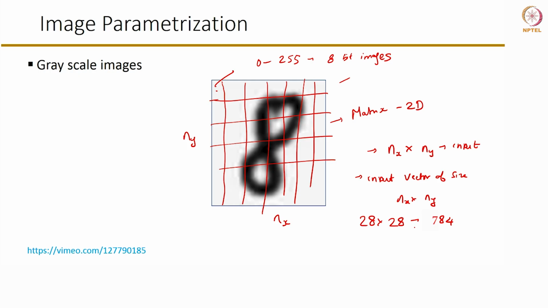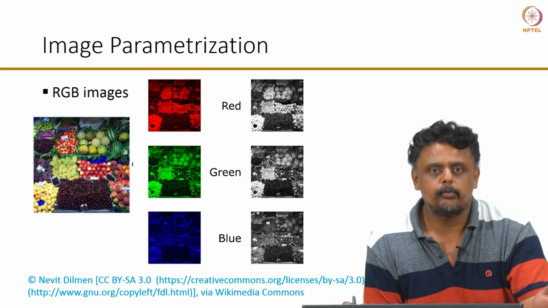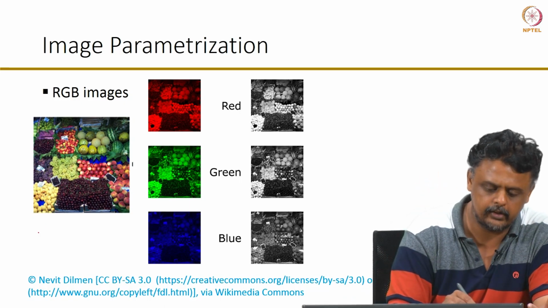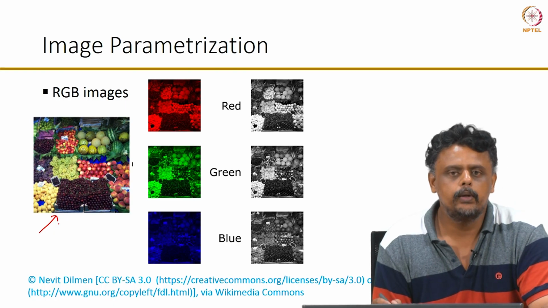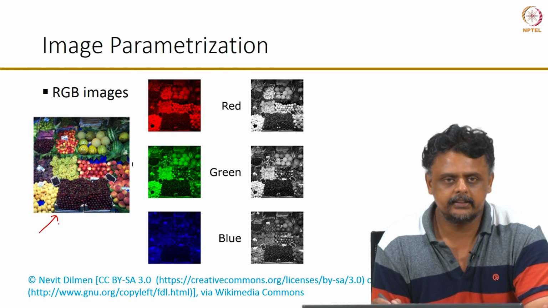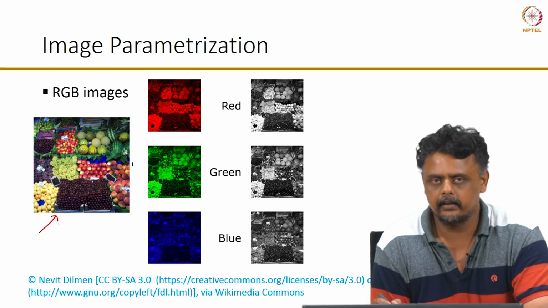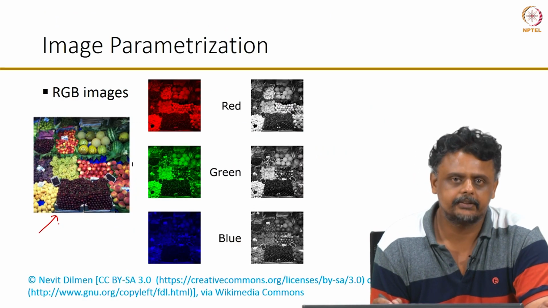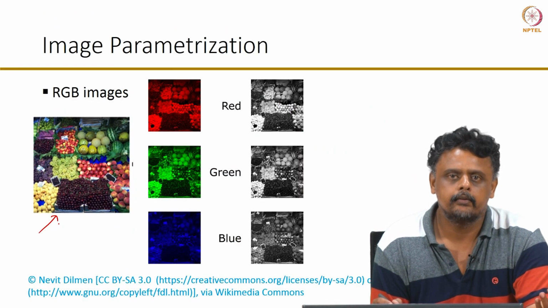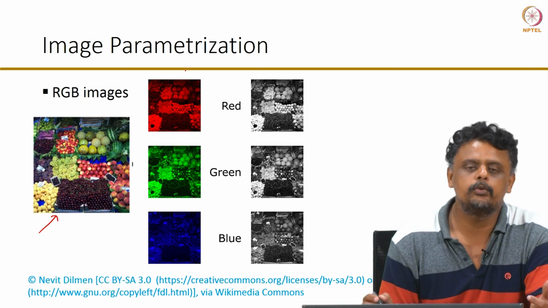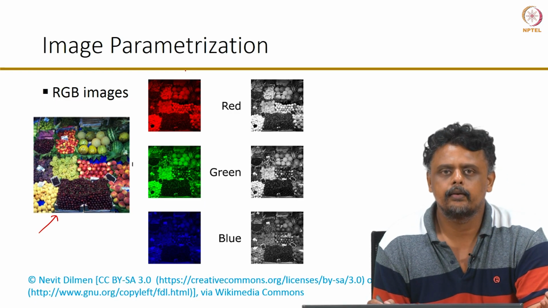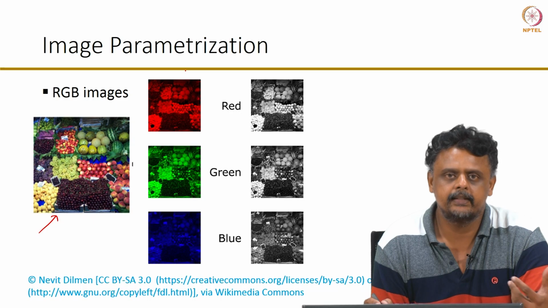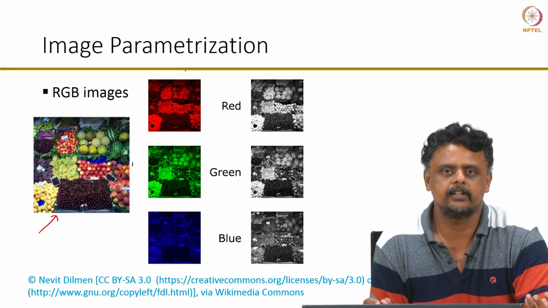Okay. Now, by images we also mean RGB images. RGB images are basically your typical color images. If you take an RGB image, we can extract the individual channels. So, an RGB image consists of 3 channels, R, G and B. Each channel itself is an image, and the pixel values in each of the channels range from 0 to 255. What you visualize as an RGB image is basically the combination of these pixel values.